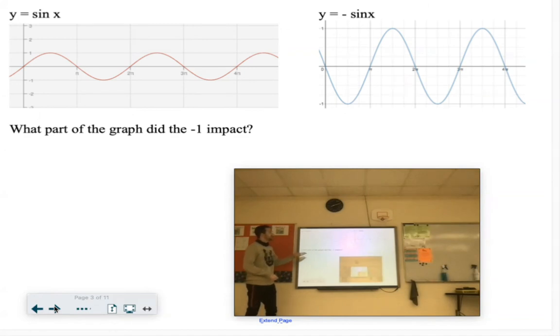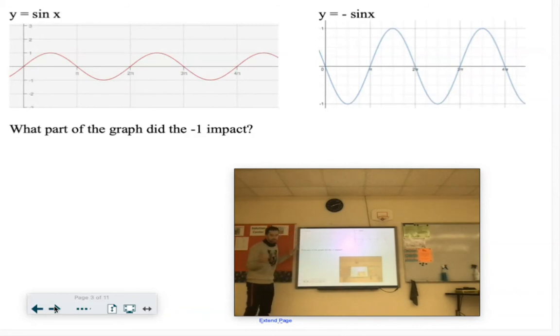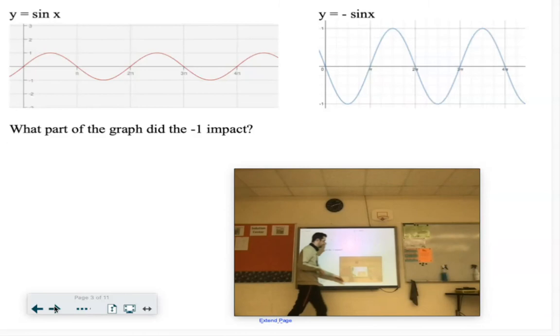Here's y equals sine of x, and here is y equals negative sine of x. Now this one looks like it's stretched vertically, but that's just the scale of the graph. You'll see the amplitude is still 1. It's still going up 1 and down 1. It's just not to the same scale as the original graph. So that could throw you off a little bit. The only difference here is the negative in front.